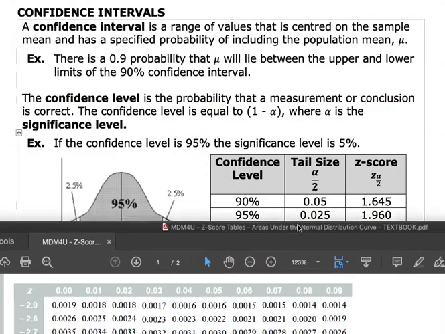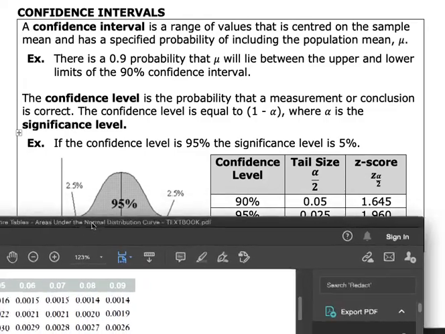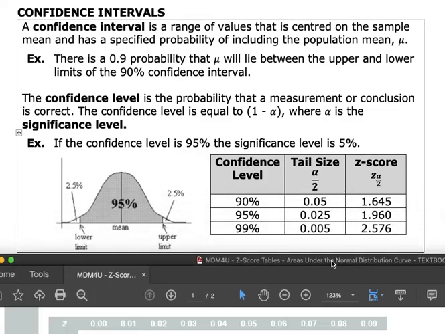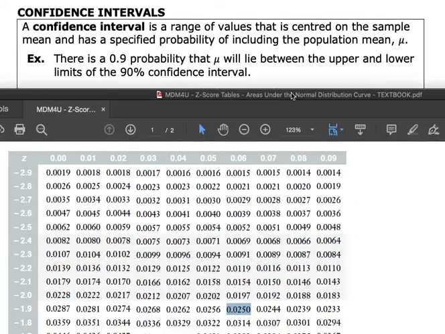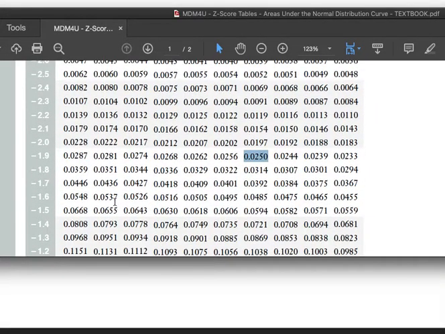And we'll just investigate another one. 90% would mean that on each tail, on the left-hand side and on the right-hand side, we would have 5% on each. So where do we see approximately 5% of the area to the left of our z-score value? We're getting close here and here. Between these two values is 0.05.